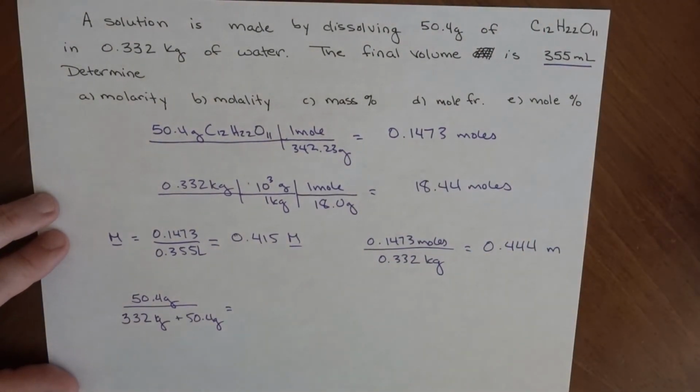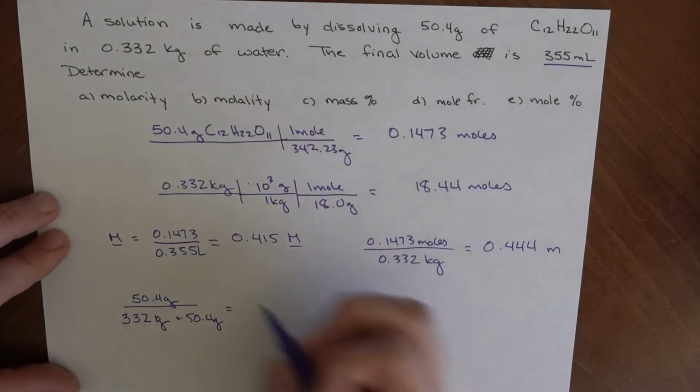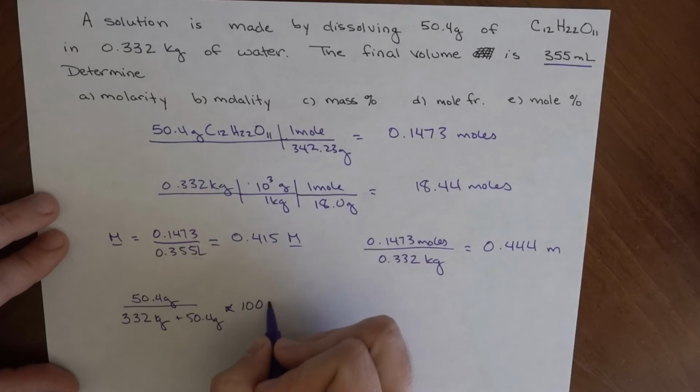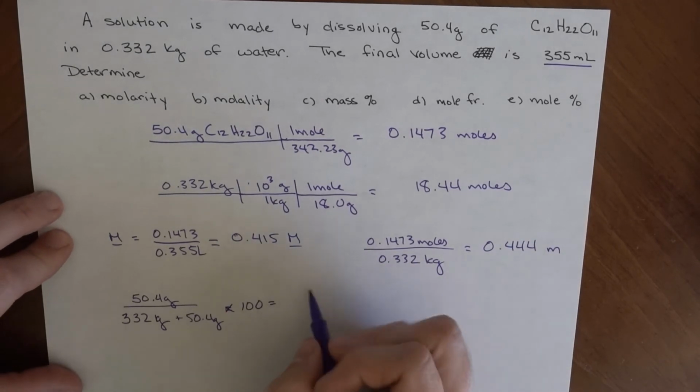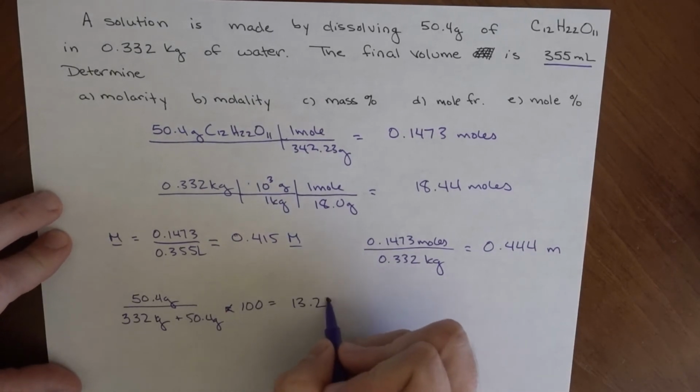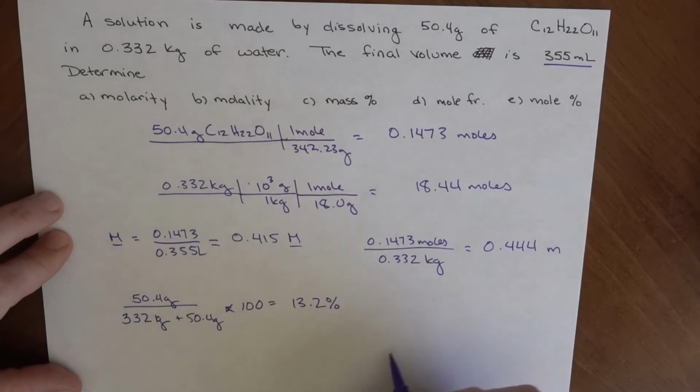Just throw that into the calculator here, so 50.4 divided by the sum of 332 and 50.4. And then that gets multiplied by 100, so that comes out to 13.2%, and that's the mass percent.